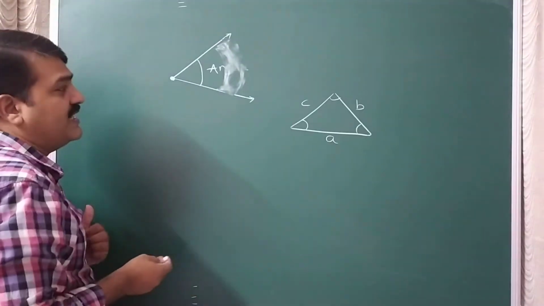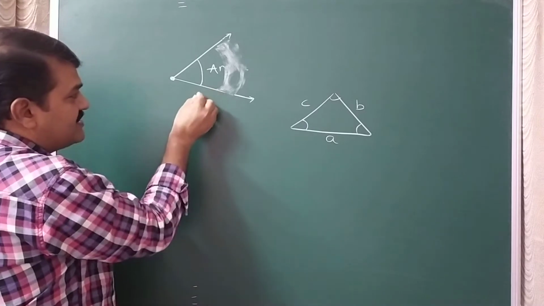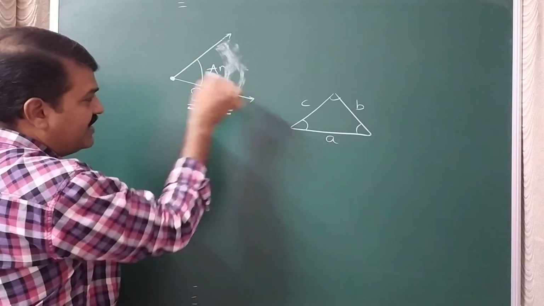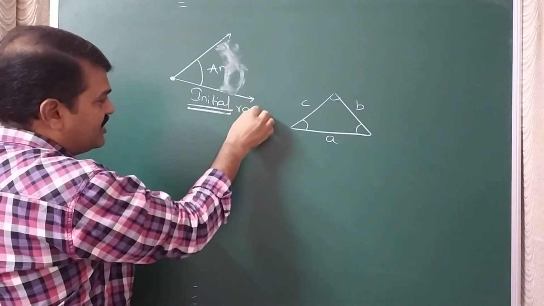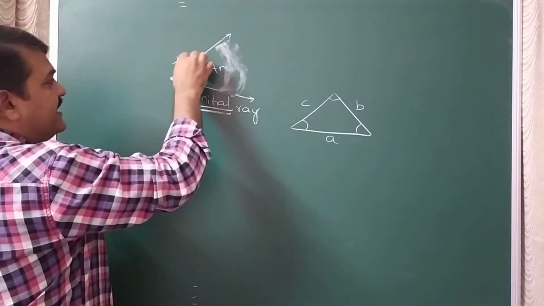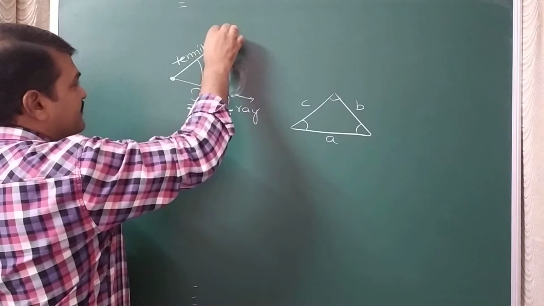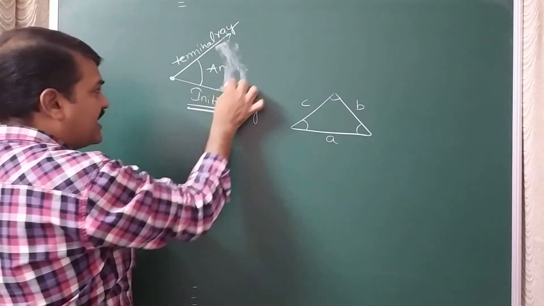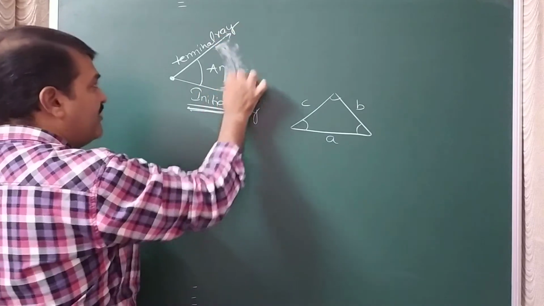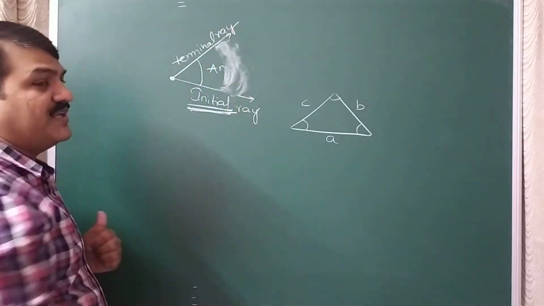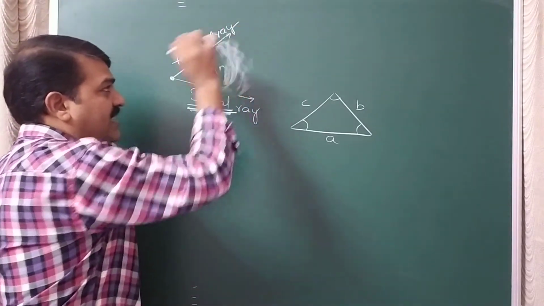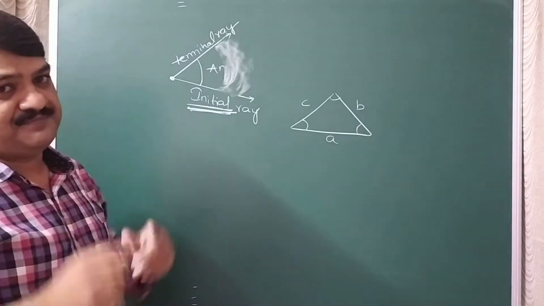If the rotation starts from this ray, we call it the initial ray, and we end up at this ray, which is called the terminal ray. The ray at which we start our rotation is called the initial ray, and the ray where we end up is called the terminal ray. This is the amount of rotation required, which is called the magnitude of the angle.